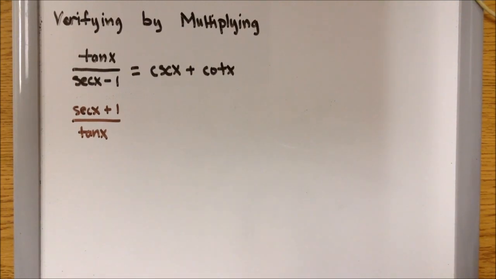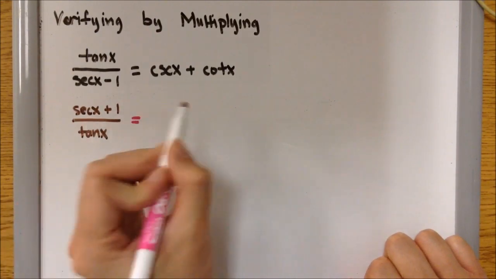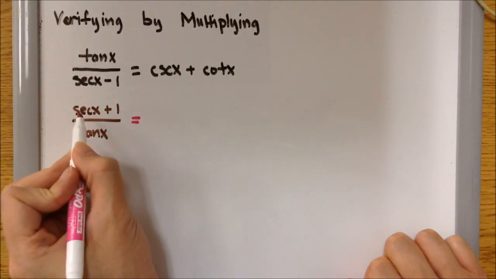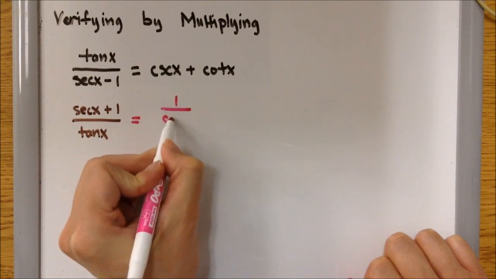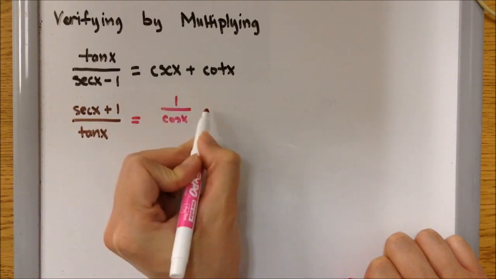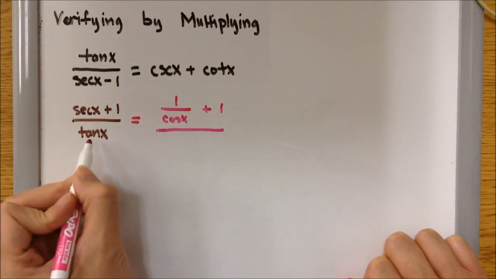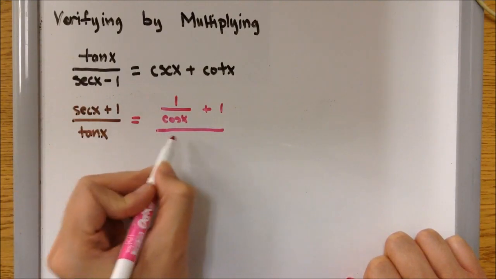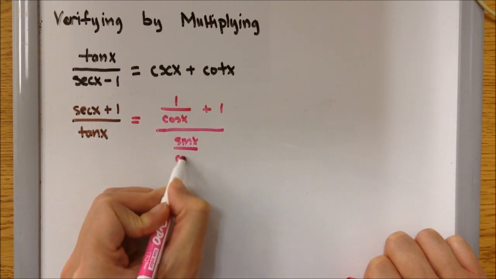So for secant, we're going to use the reciprocal identity. By using the reciprocal, secant of x will change into 1 over cosine of x, and we have the plus 1. In the denominator, we're going to apply the quotient identity, which will become sine x over cosine of x.